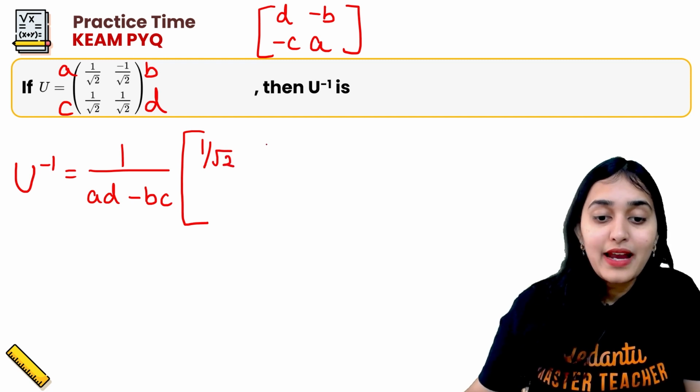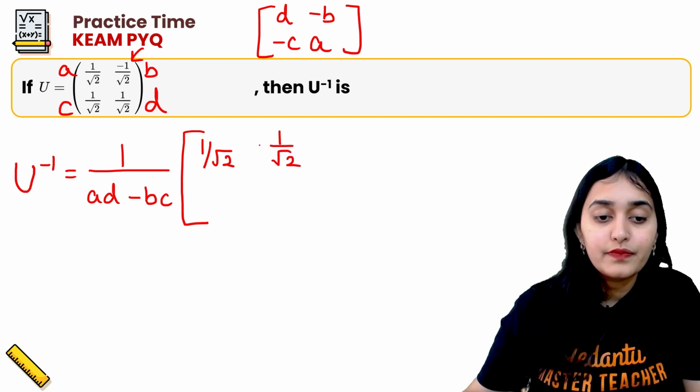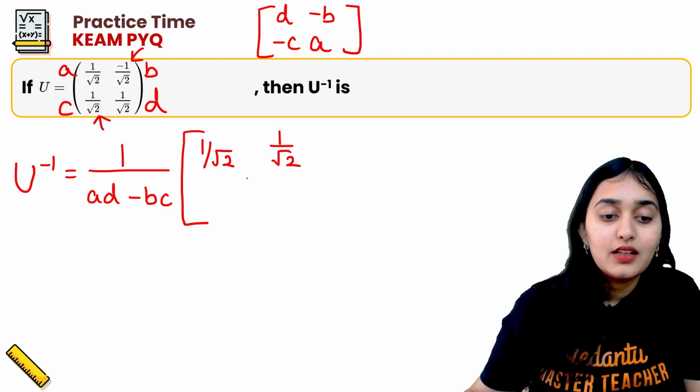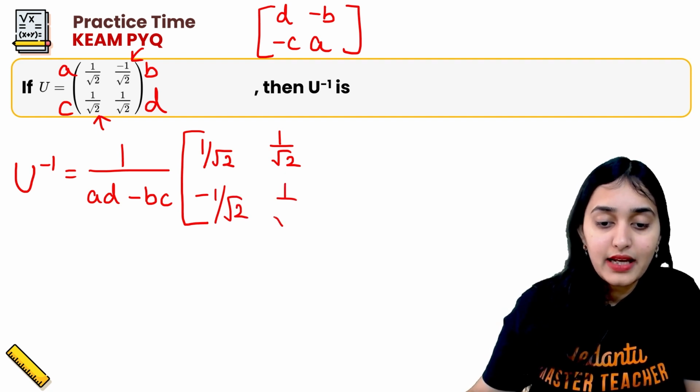What is minus B? Minus of minus, plus 1 by root 2. Minus C is minus 1 by root 2 and A is 1 by root 2.